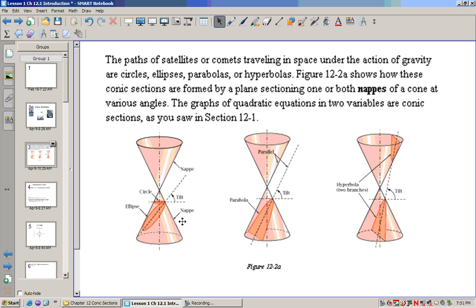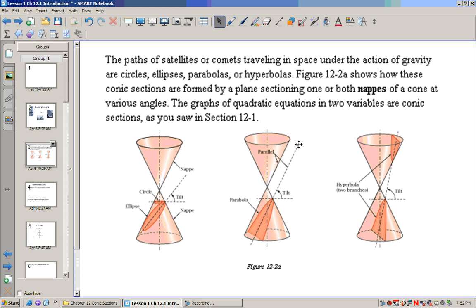Now, conic sections are all of the two-dimensional figures that you can get by taking cross-sections of two cones placed on top of each other. If you cut through parallel to the bases of the cones, you would get a circle. However, if we cut at an angle but did not cut through a base, we would get an ellipse.